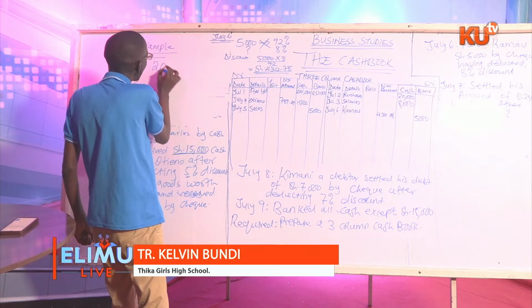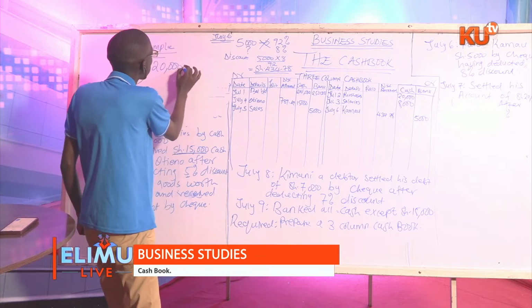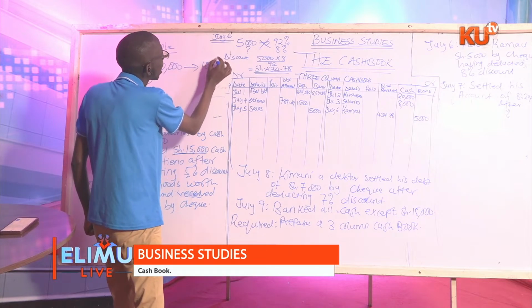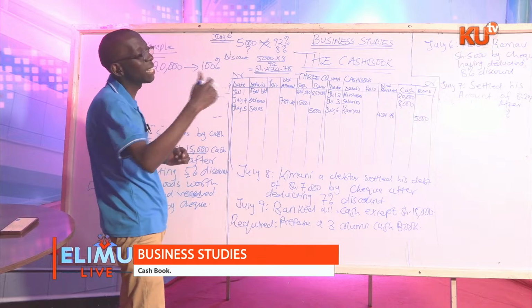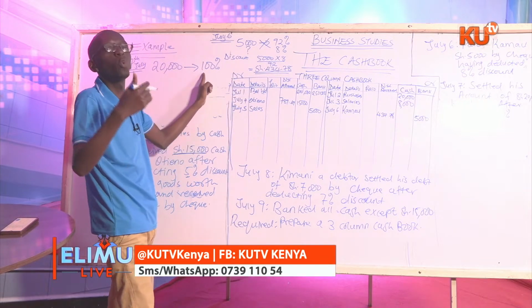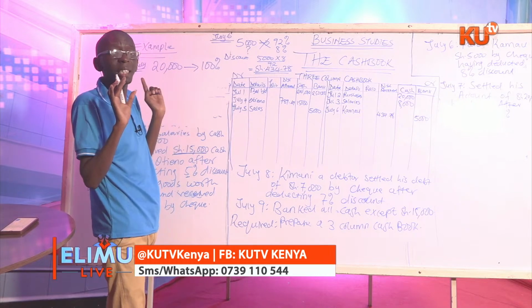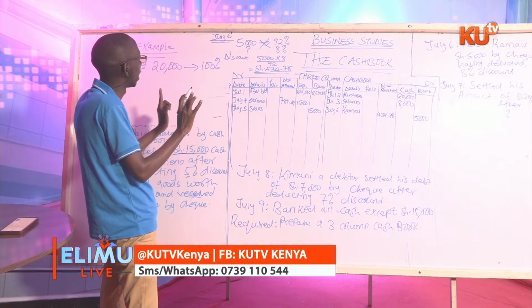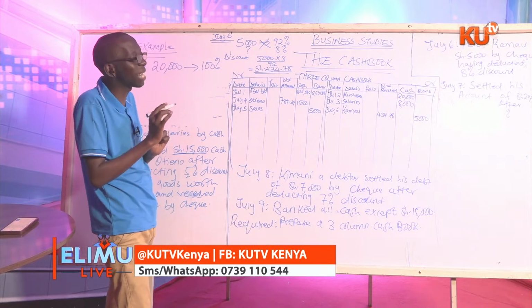So 20,000 was the debt that he was having, which means 20,000 is 100%. That is what he was supposed to pay. No discount has already been deducted. Discount has not been deducted. So 20,000 is equivalent to 100%.